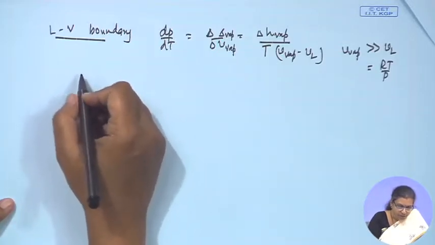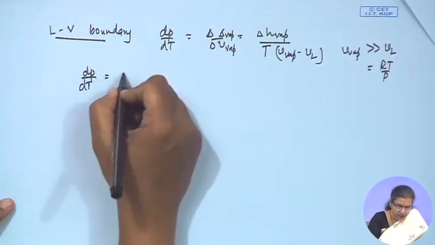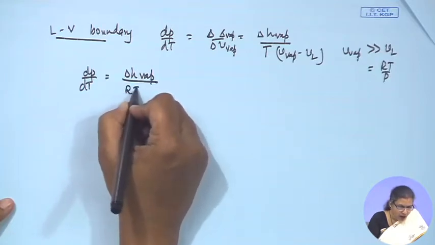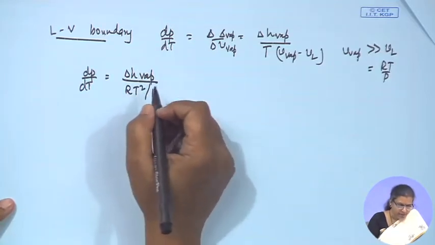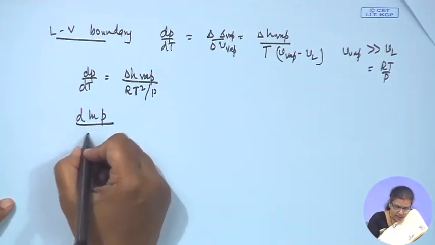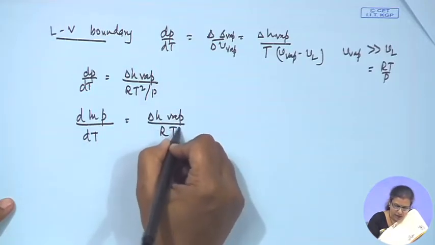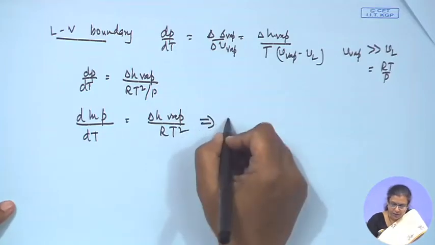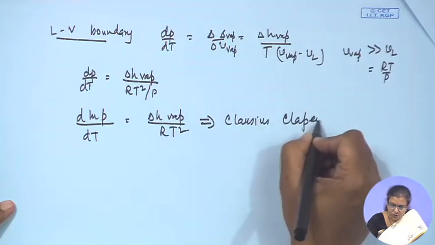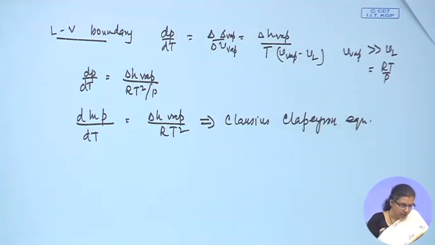So, from here we can write dP/dT is nothing but equal to delta H vaporization by RT square by P, or we can also rearrange it to write dlnP/dT is equal to delta H vaporization by RT square, and this is a very famous equation, it has a lot of applicabilities, and it is known as the Clausius-Clapeyron equation.